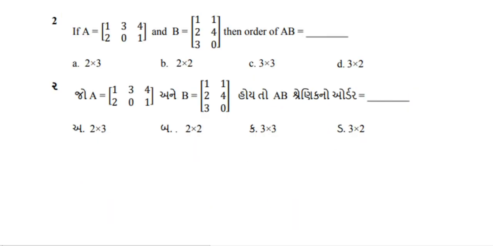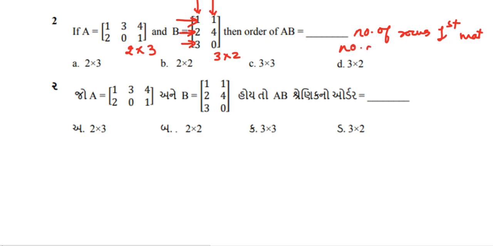The second question is: A is a 2 by 3 matrix and B is a 3 by 2 matrix. This is the number of rows and this is the number of columns, as you know very well. So how can we find the order of A into B? In multiplication, it is very simple: you have to find the number of rows in the first matrix and the number of columns in the second matrix.